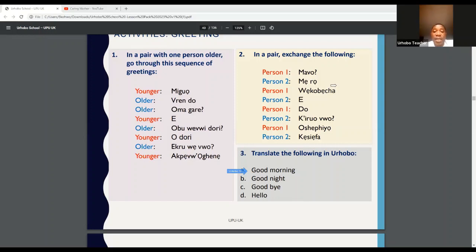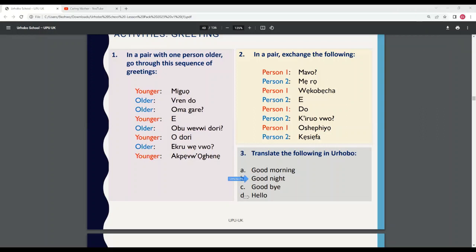Anybody? Yes, Ufoma. Ufoma, go first. Good morning would be Omamo Urioke. Yes, Omamo Urioke. And good night is Tode.